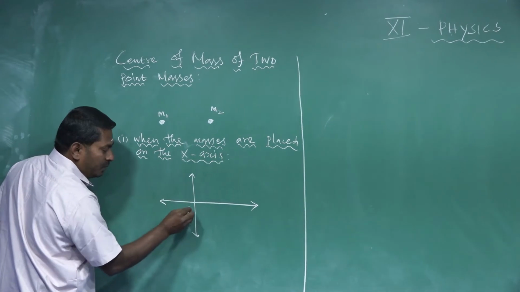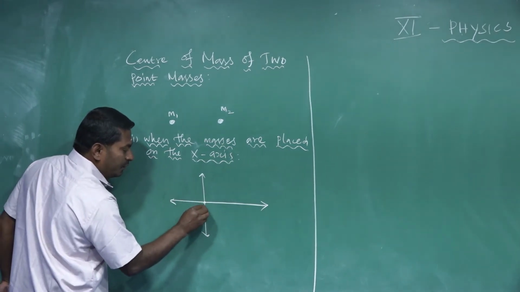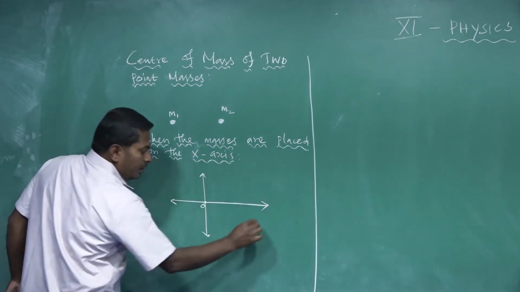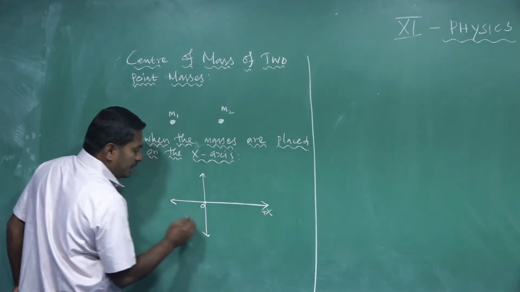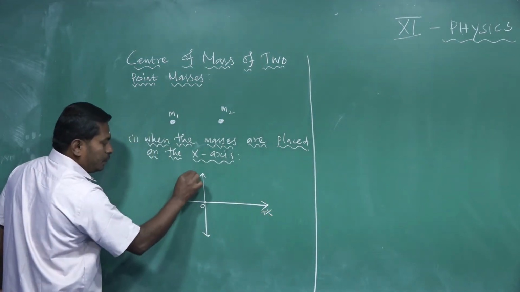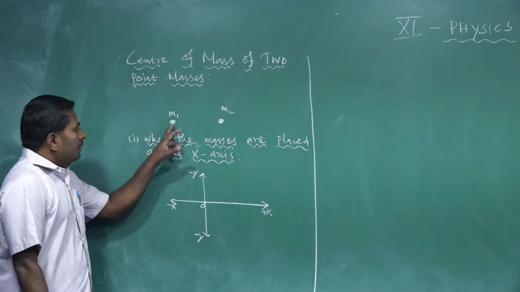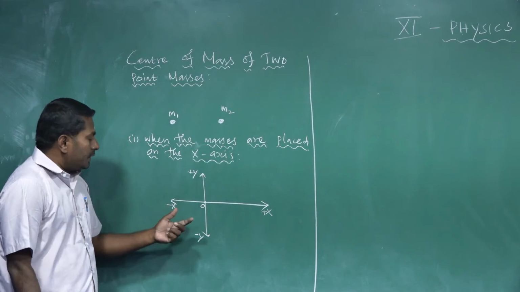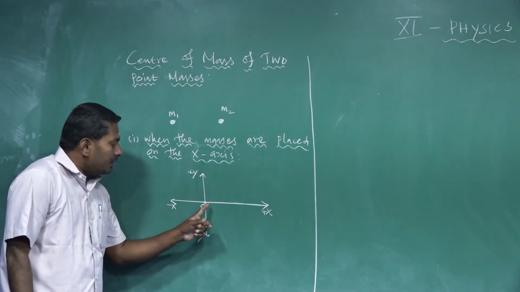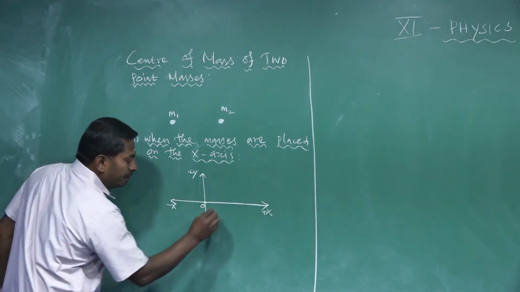In the coordinate system, first we choose the origin of the coordinate system O, positive x-axis, negative x-axis, positive y-axis, negative y-axis. These 2-point masses are located on the positive x-axis.